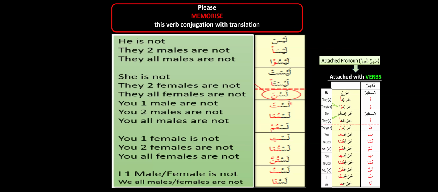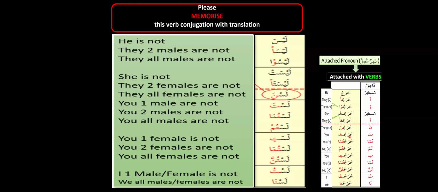Come to laysa. Laysa has three letters, lam, ya, and sin, right? So laysa, laysat, laysata. Very fine. Come to the 6th one, lasna. Where is the ya? Where has the ya gone? Look, kharajna, you have all three letters of the verb, and then the noon of the pronoun.